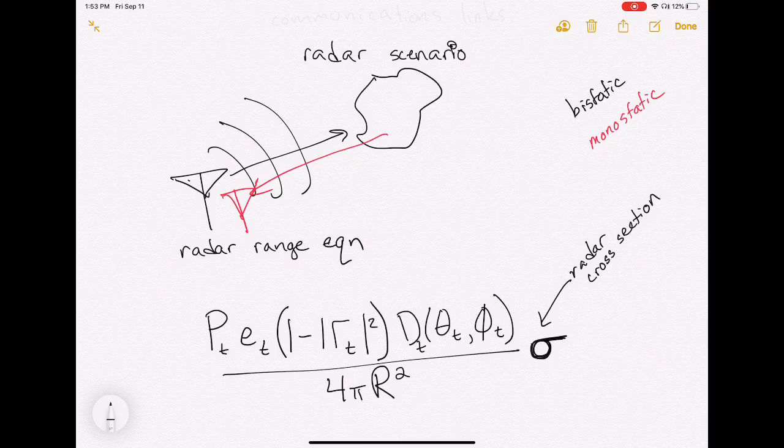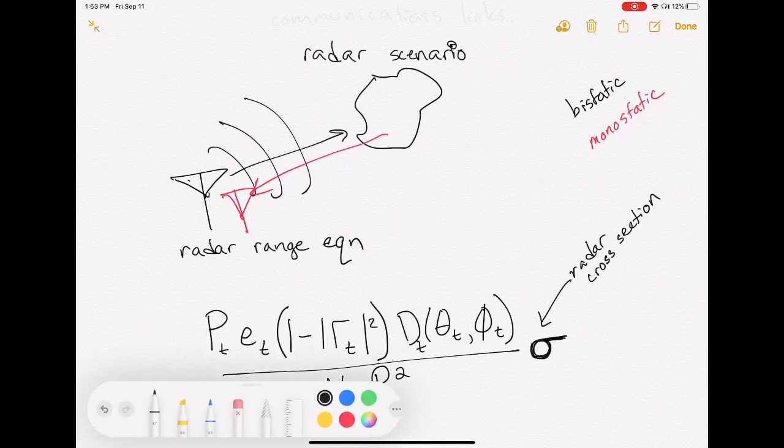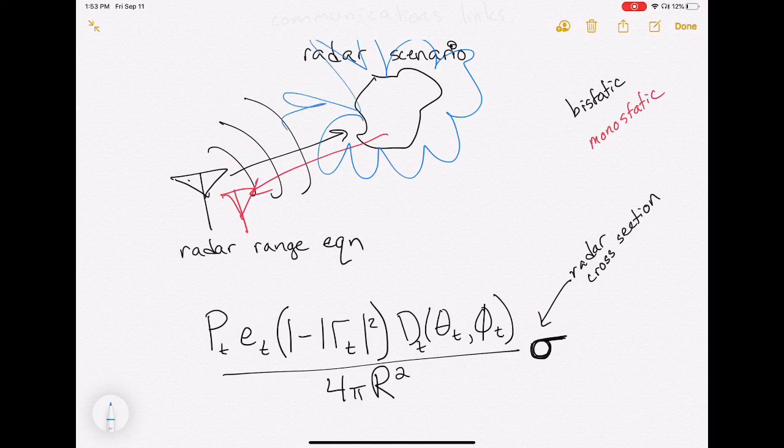Technically, the radar cross-section is a function of both the incident angle and the receive angle, because if you look at this from a different direction, you might get a different amount of energy back, because it's not going to come out equally in all directions. It's going to be really squiggly like that.